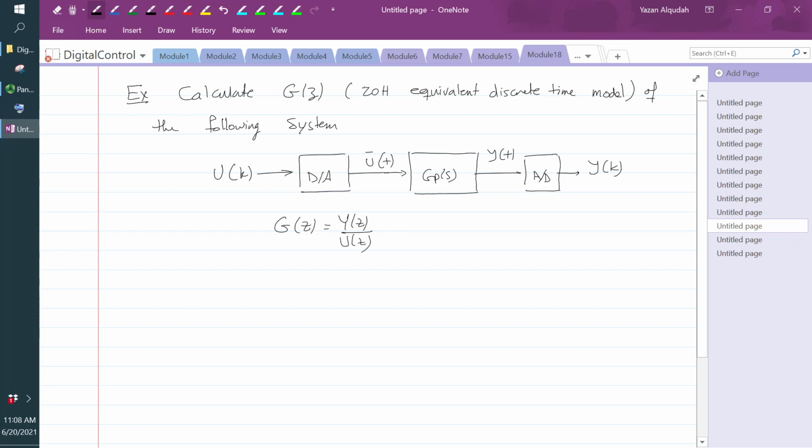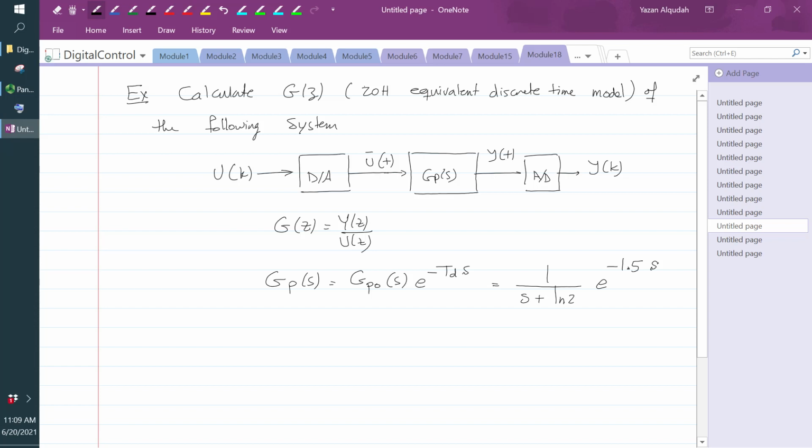Now, we are given that gp of s is different than what we have been seeing so far. gp of s is equal to gp0 of s e to negative t delay multiplied by s, and it is given by 1 over s plus natural log of 2 e to negative 1.5 multiplied by s.